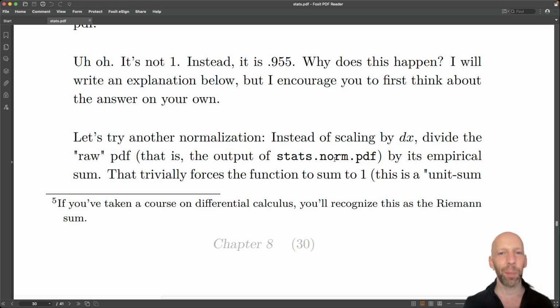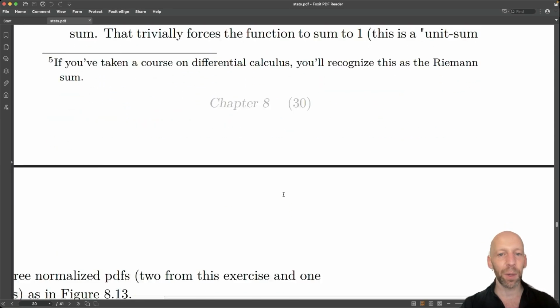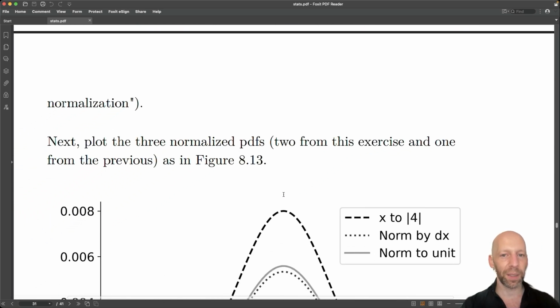So whatever the sum happens to be, remember in the previous exercise, we discovered that the sum of the non-normalized PDF was 49.85 something. It was somewhere around 50. Divide by that value. So just whatever the sum is, divide by the sum. That will trivially force the function to sum to 1. Okay, and here I say this is called a unit summation normalization.